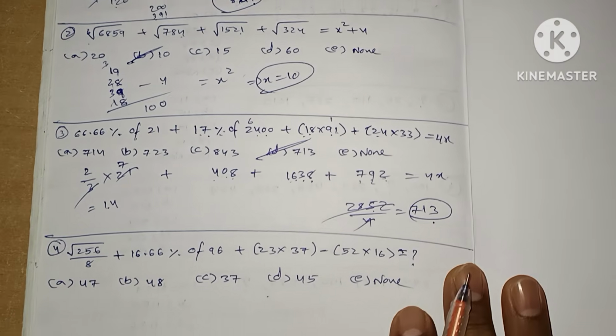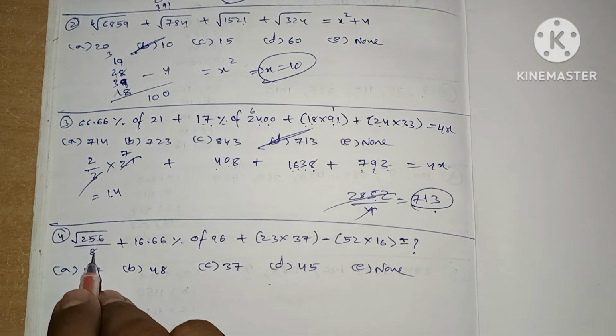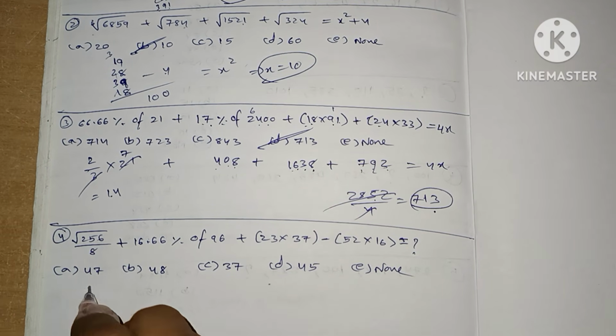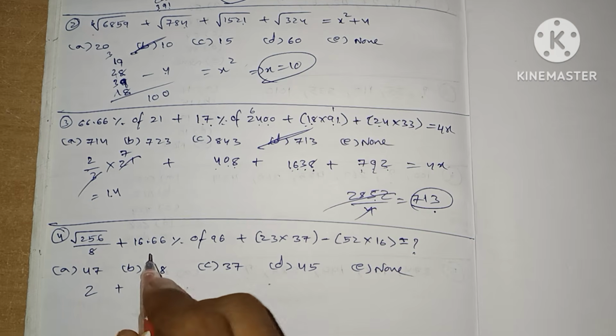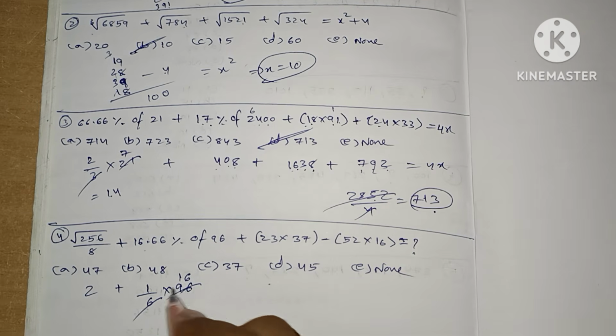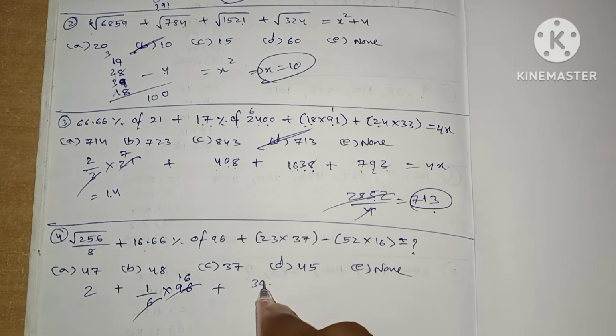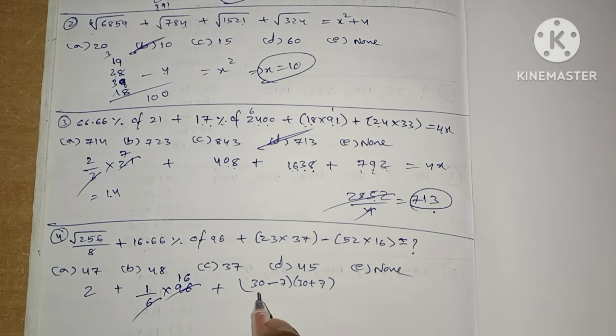Next question. Here we see root over 256 means 16. 16 divided by 2, 16 divided by 8, which is 2, plus 16.66 percentage, which means 1/6 of 96 means 6 1 times and 6 times 16 times, plus this looks like 30 minus 7 into 30 plus 7. So a minus b into a plus b.